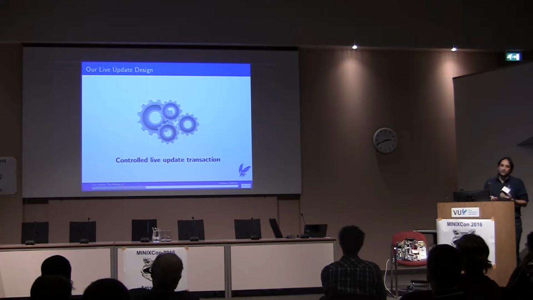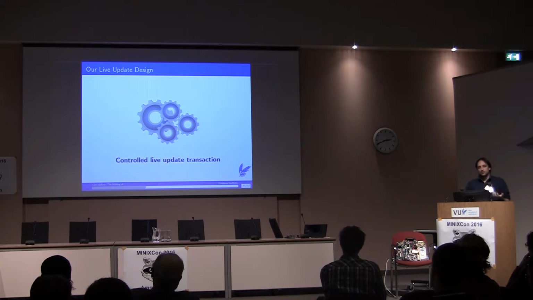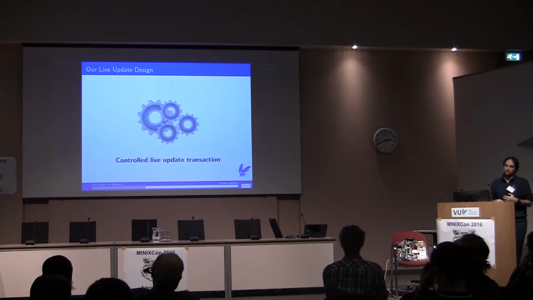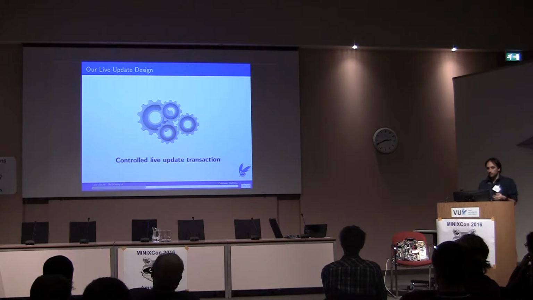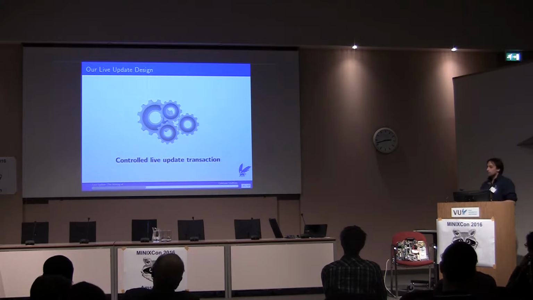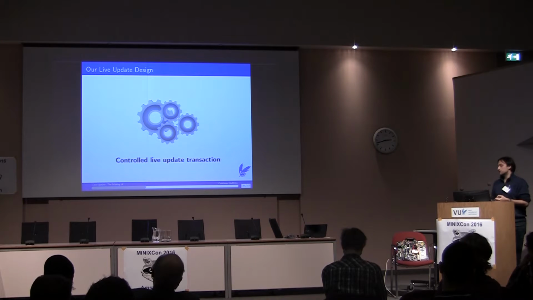Finally, we use what we call a controlled live update transaction. Essentially, once we've broken down the operating system into different components, we export a transactional interface to the user to allow the user to specify live updates and safety constraints. In other words, the user can say, I want now to update components A, B, C in a single transaction and in this predetermined order and with these update safety constraints.